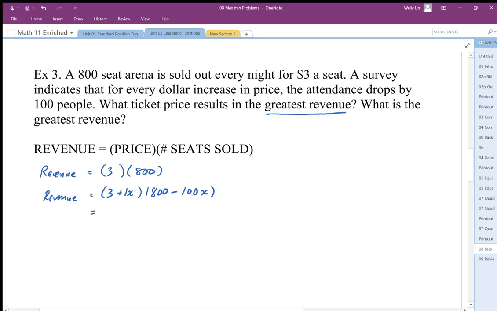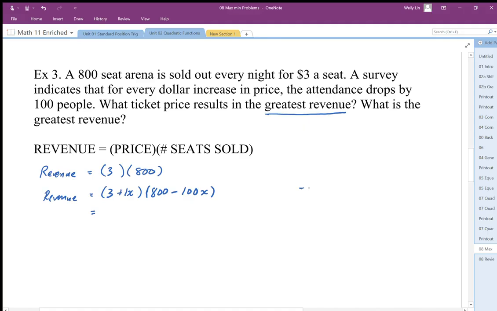Once we have our relationship, we just need to find the max. We can do this in a few different ways. Here we have zeros at x equals negative 3 and at positive 8, and we can work out the vertex using our average formula.